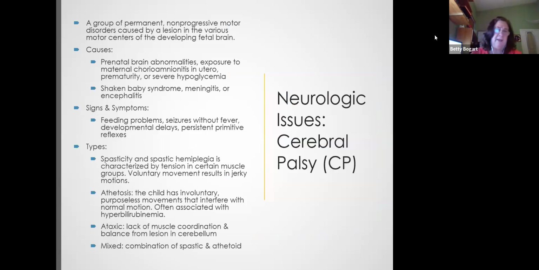So cerebral palsy is something that can happen. It's a permanent, non-progressive motor disorder caused by a lesion in various motor centers of the developing fetal brain. Now, it could be caused by that lesion, or it could be caused by hypoxemia, some hypoxic episode before birth, prematurity, and severe hypoglycemia.